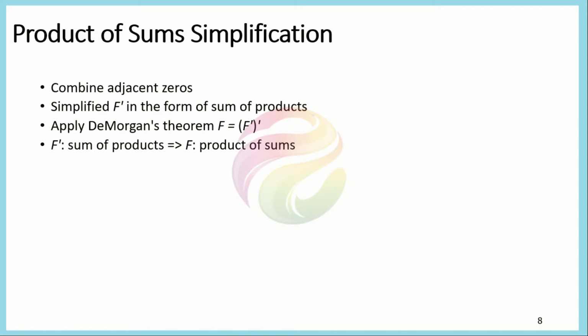Now we will try to solve another related example, which is the product of sums simplification. As you know, in the last lecture we used De Morgan's law to express an expression in terms of max terms instead of min terms.